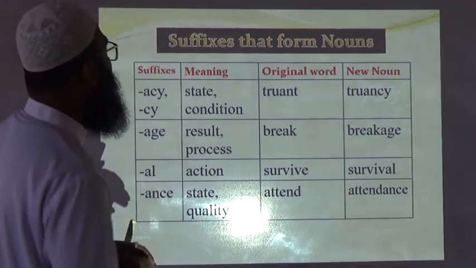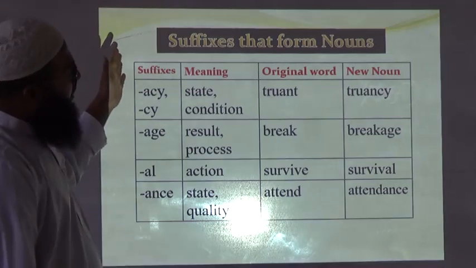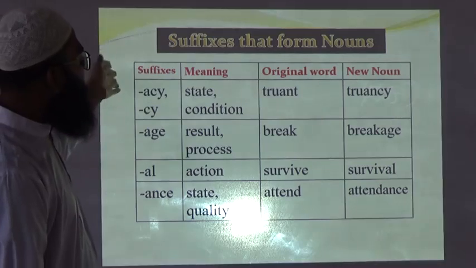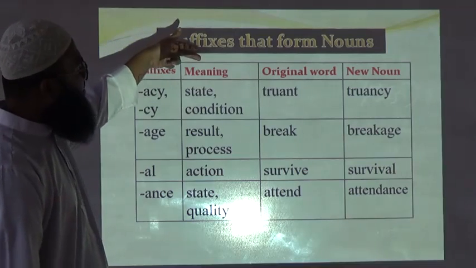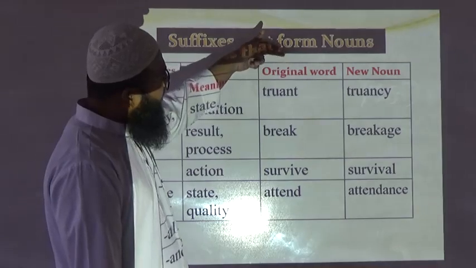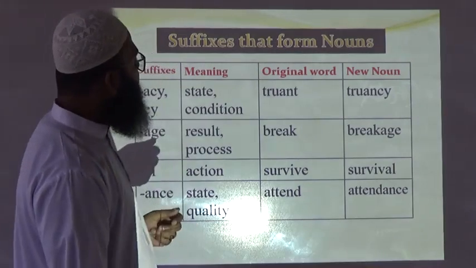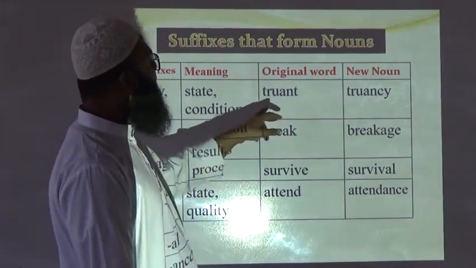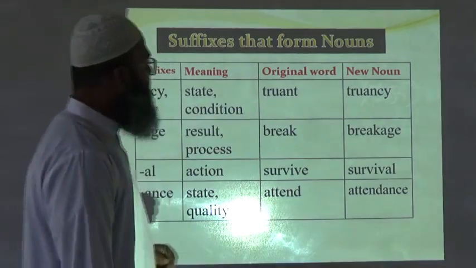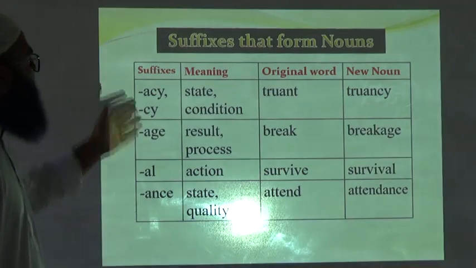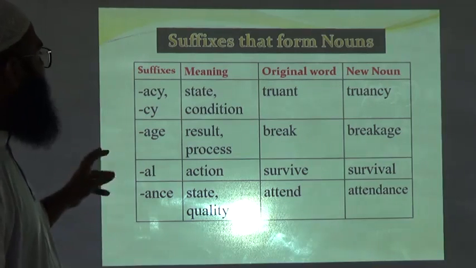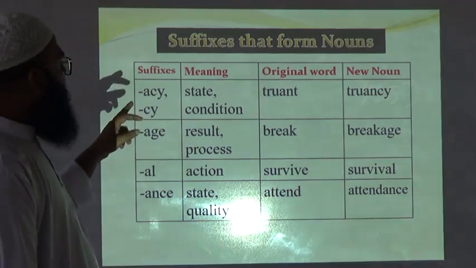Suffixes that form nouns. Here are several columns, four columns. The first one is the suffix and its meaning, and it has given an example of the base word, and from this word how it becomes a noun. First one, CY or CY is a suffix.